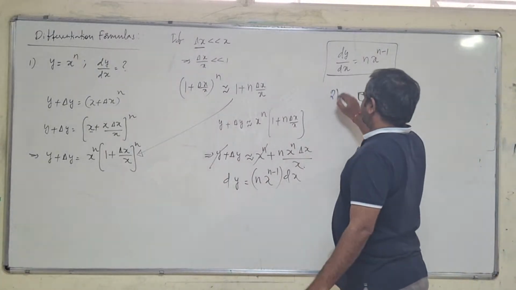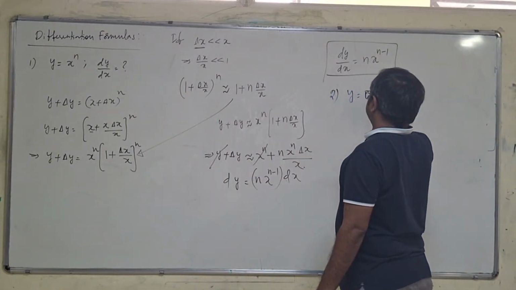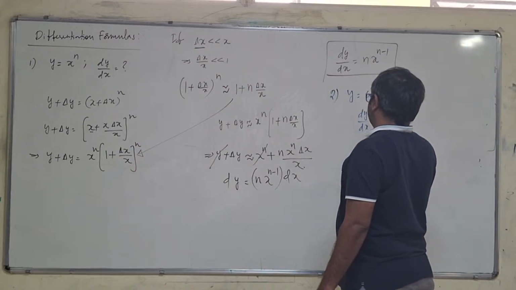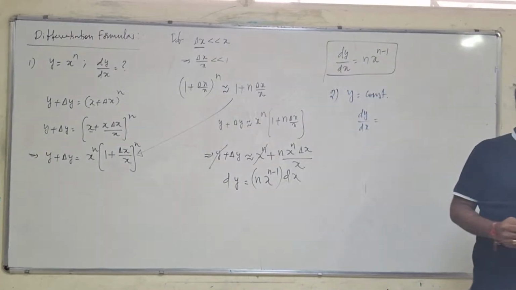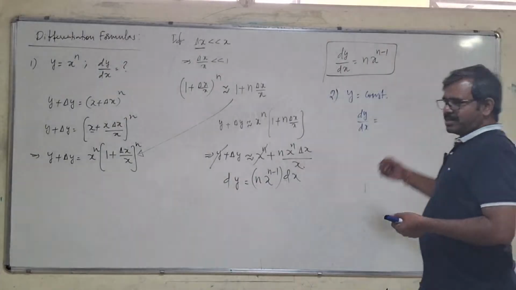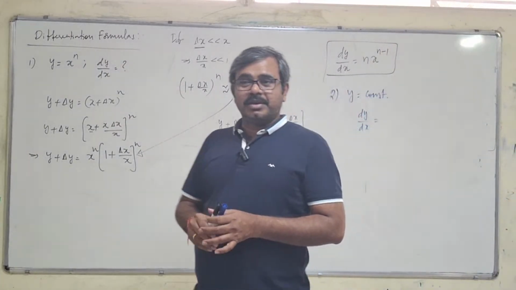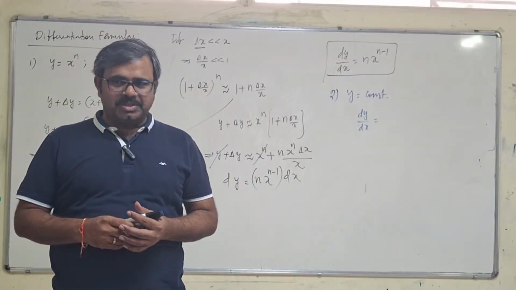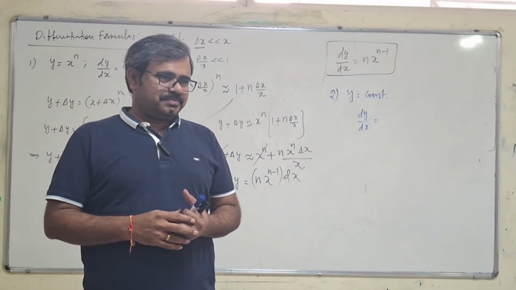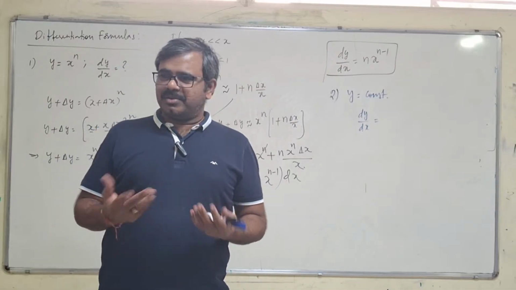If y is a constant, tell me what is dy by dx equal to? You know it. Y is constant. What is dy by dx? Rate of change in y with respect to x at a given value of x. Y is a constant.